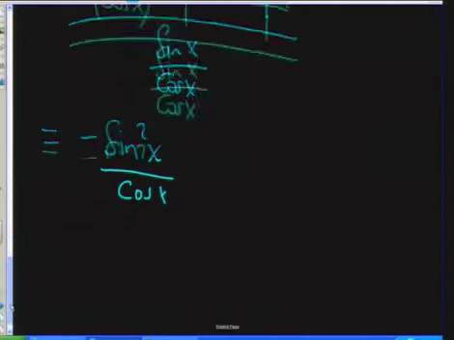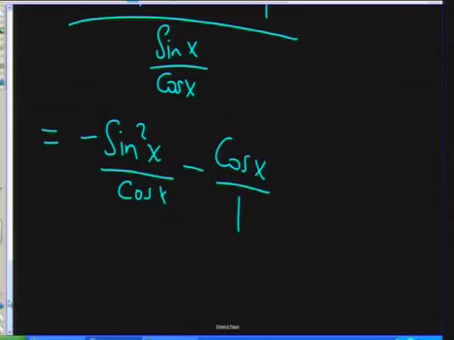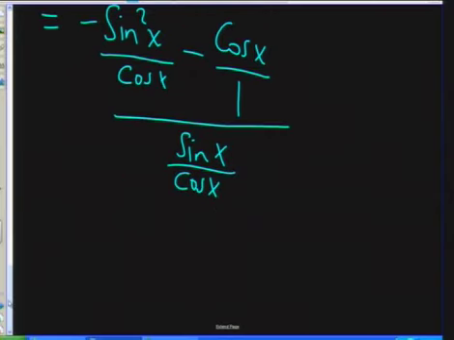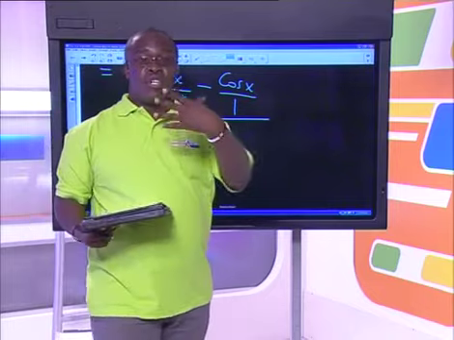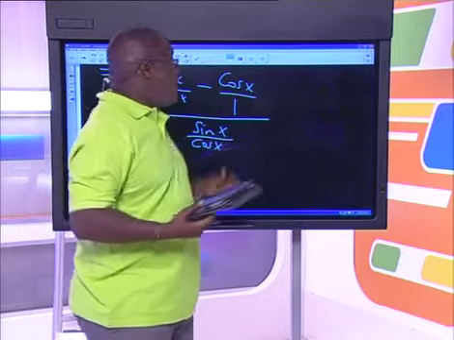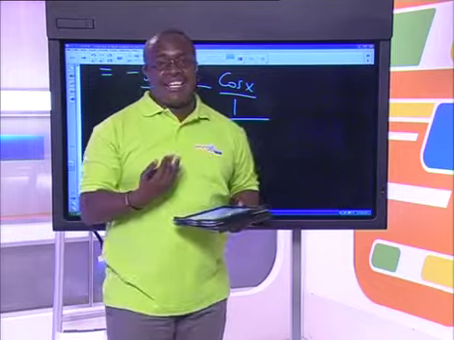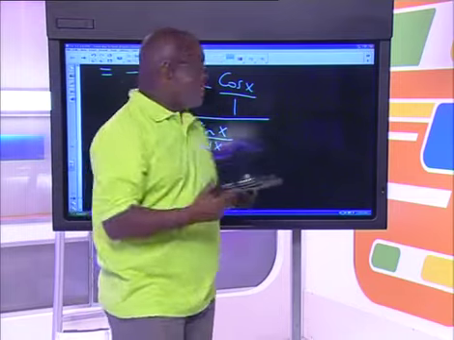And we've got a subtraction sign here, cos x over 1. And remember, we've got a universal denominator, which is sine x over cos x. I hope you're still with me. We are simplifying this step by step, but because of the constraints of time in an exam, you can actually do it even quicker. But we're doing it so that you understand the background information step by step.